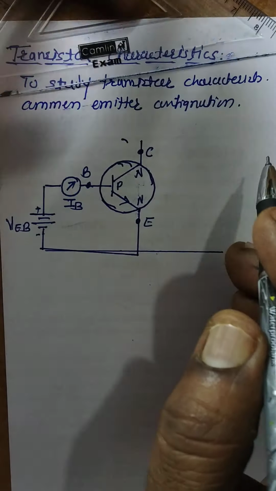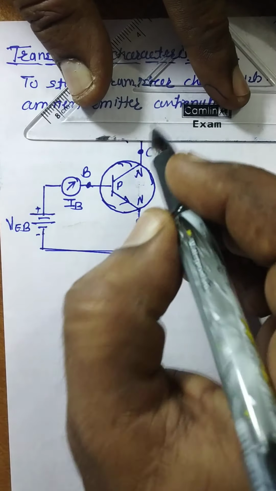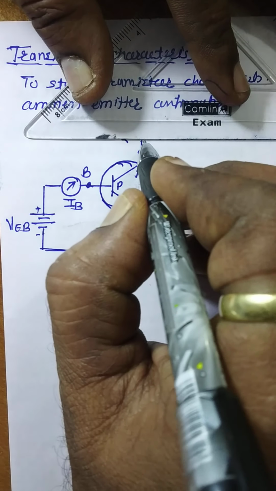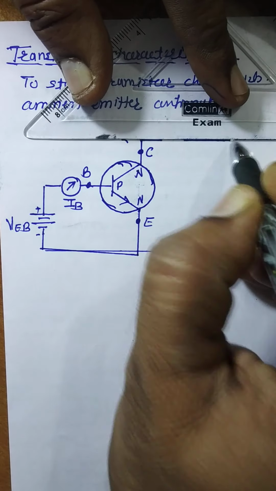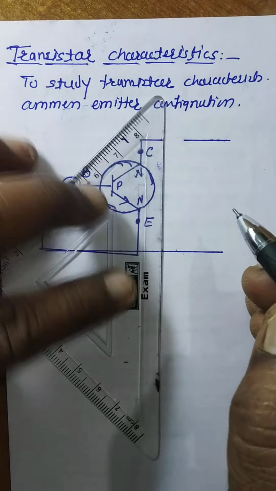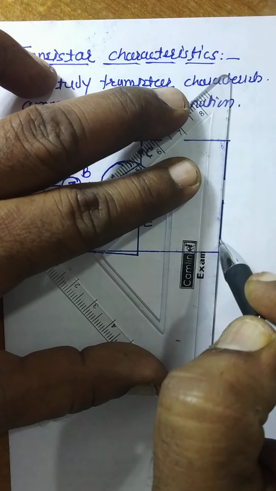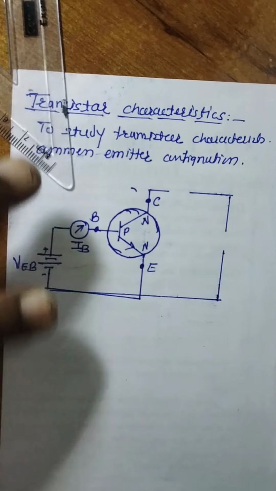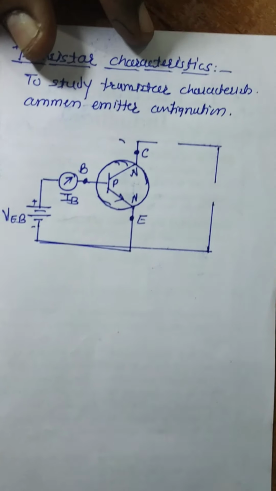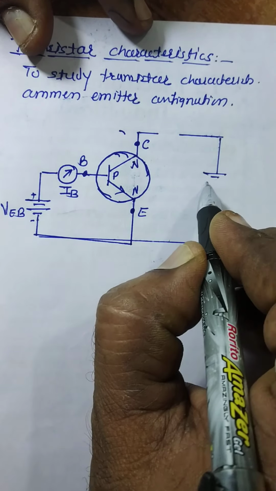The base collector junction is reverse bias, with potential. Reverse biasing means negative, positive like this.